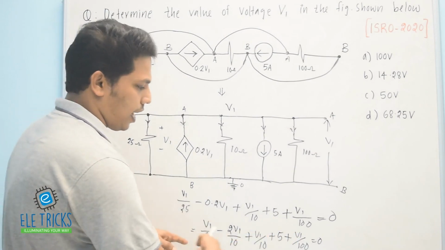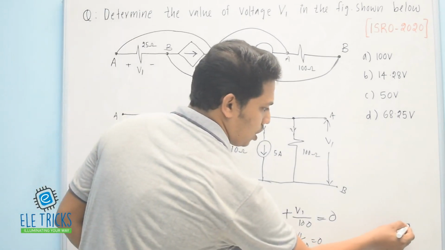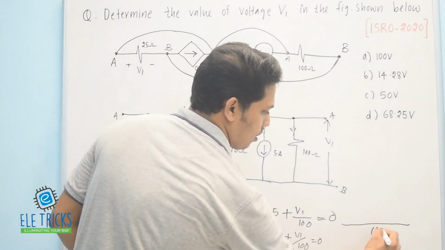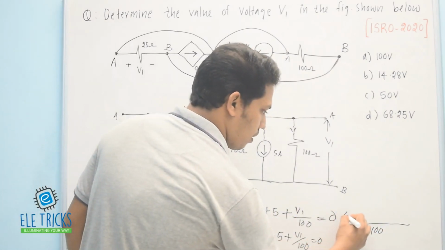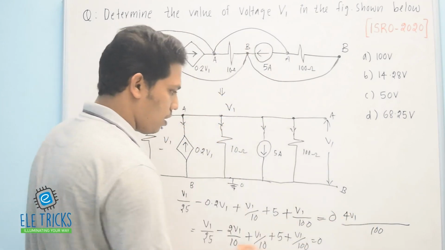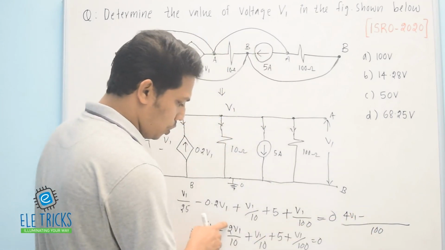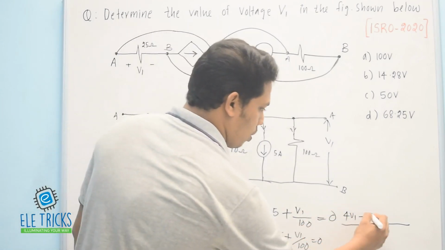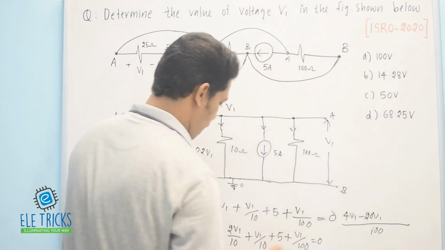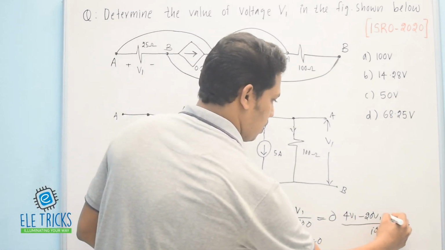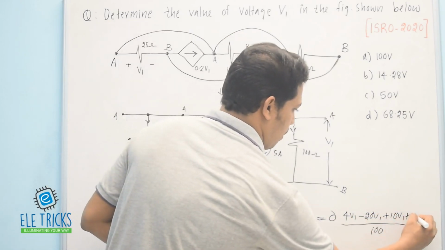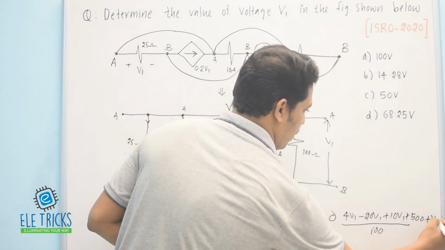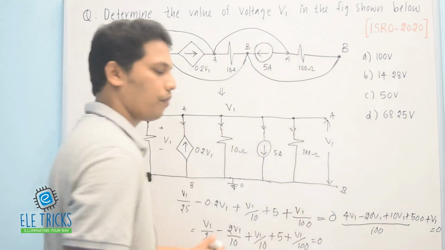You just take the LCM as 100. Then here it is 4V1 minus 2 into 10, that is 20V1, plus 10V1, plus 500, plus V1 is equal to 0.